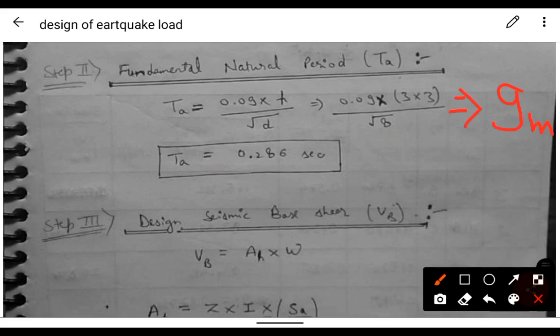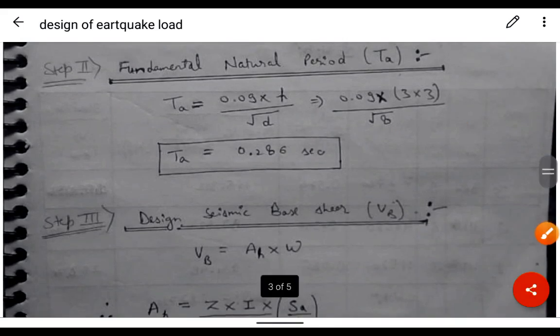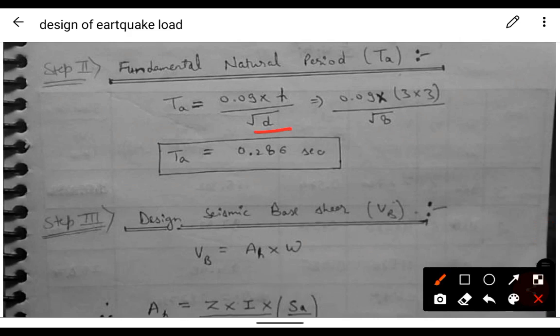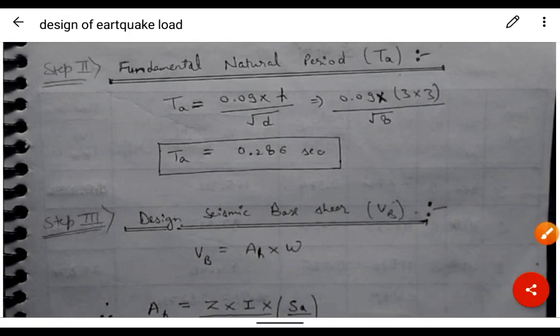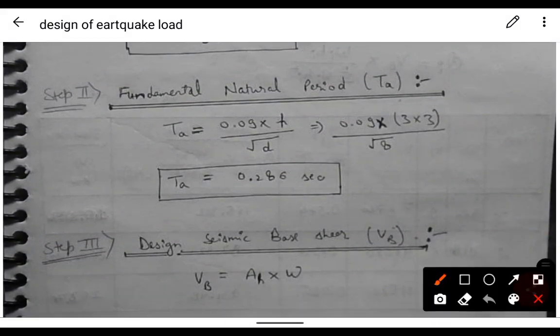So we are considering the total height of the building as 9 meter, and the D dimension as 8 meter. After that we solve, and the value for TA, the approximate fundamental natural period of vibration, would be 0.286 seconds.